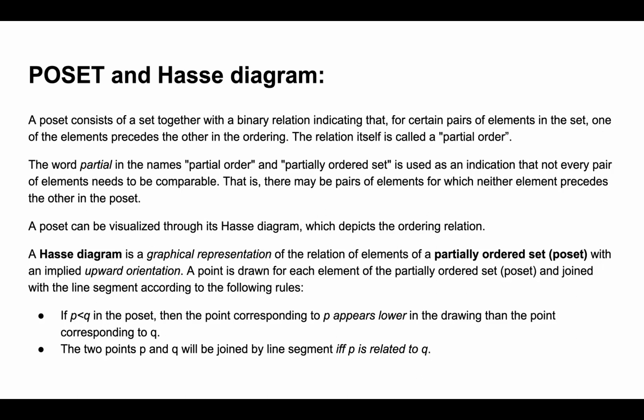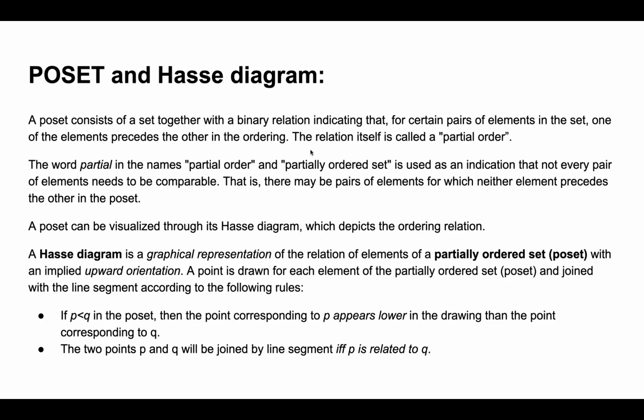Here some order is ahead of the other order. Partially ordered means, if we take the word-to-word meaning of partially ordered set, the ordering in the set is partially fulfilled. Okay, not fully fulfilled. That is nothing but a partially ordered set.